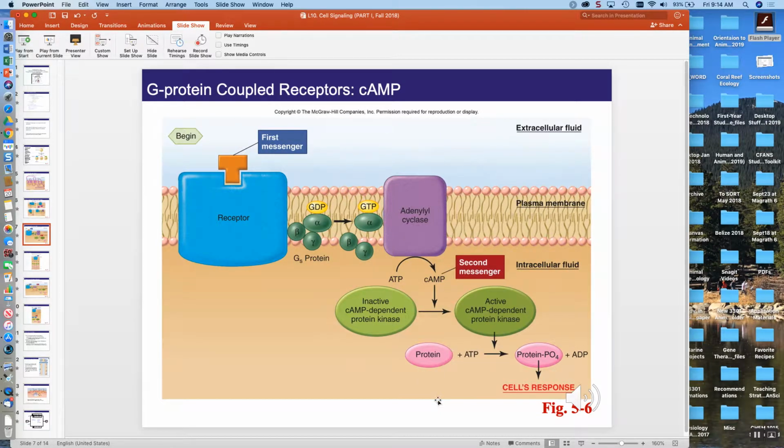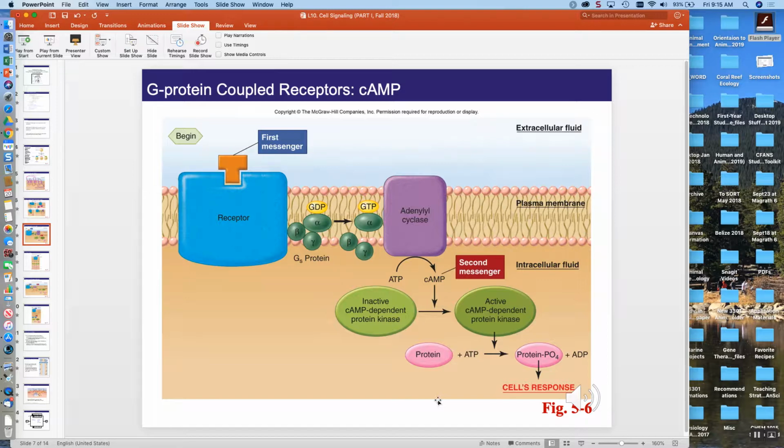All right, so let's talk about Gi. Gi, the typical ligand is acetylcholine. And the receptors are called muscarinic receptors in the heart. And they are Gi coupled.